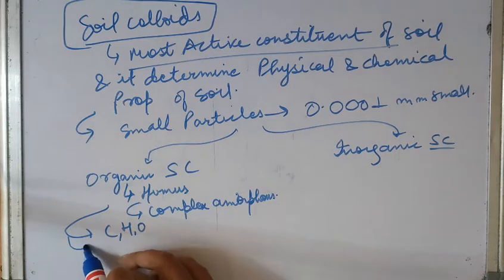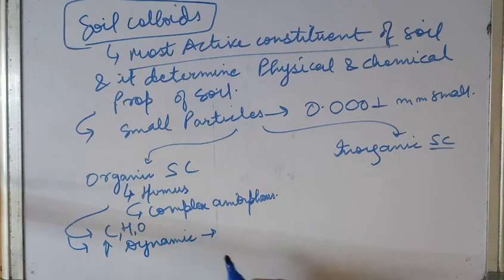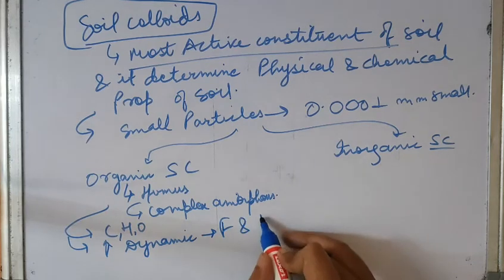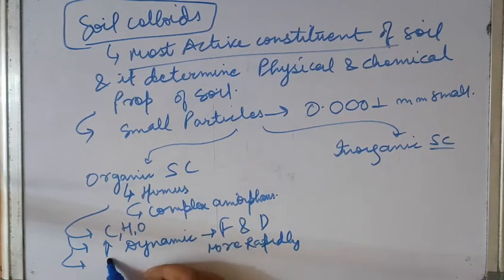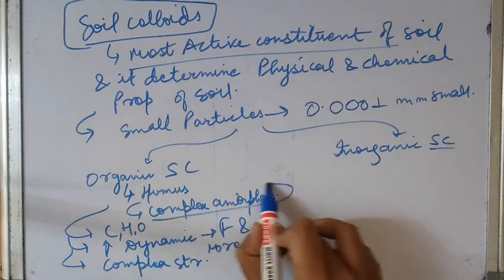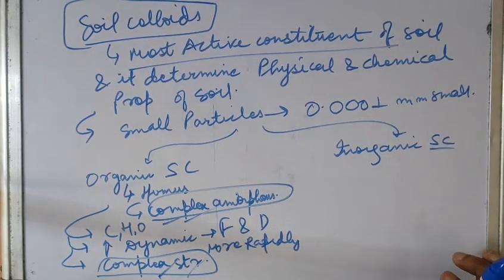They are more dynamic, that is, formed and destroyed more rapidly. Their structure is not well known; they possess a complex amorphous structure. So this was all about organic soil colloids.